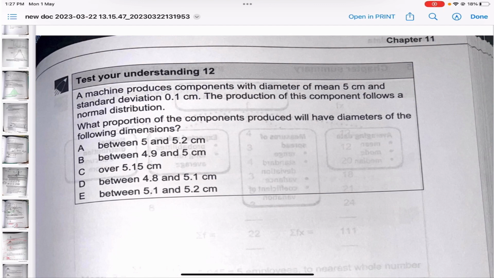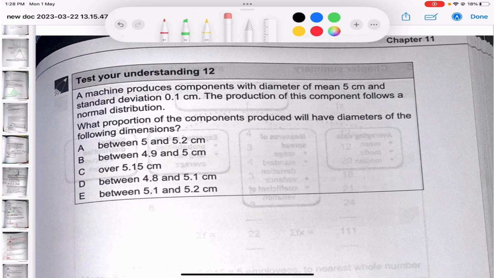Alright, now doing your test understanding number 12. Here again you have x. You have to find out the value of your z, which is x minus mu divided by sigma, and then you'll get the values of z, and you're going to standardize the values and find the values.